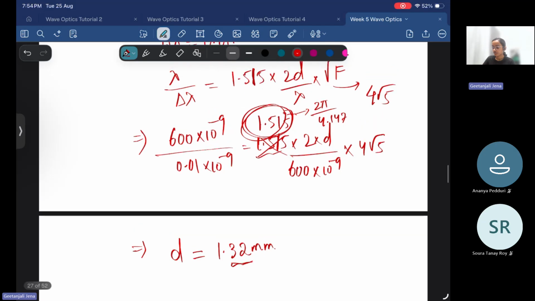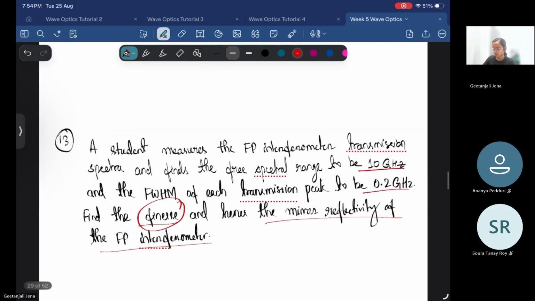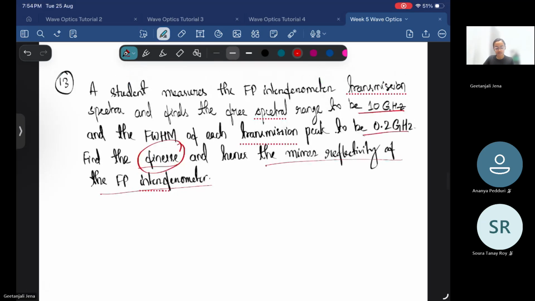Okay. Any other doubt? So to calculate this 1.515, we have used Rayleigh's criterion for the resolving power. After solving with the Rayleigh criterion, we found this constant factor of 1.515.